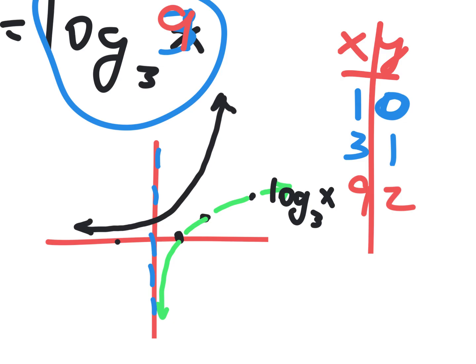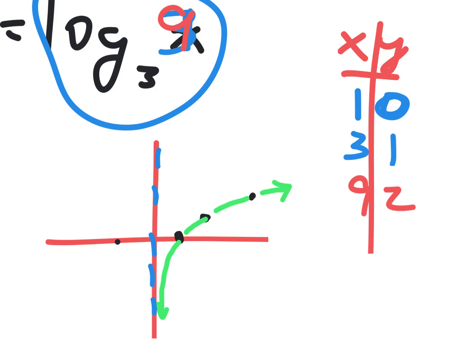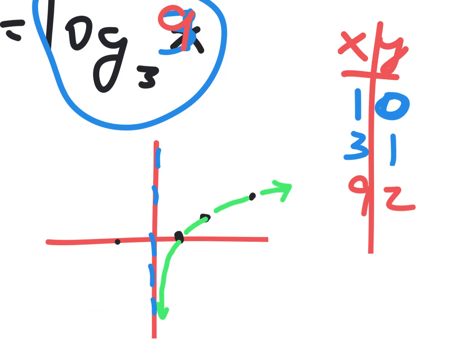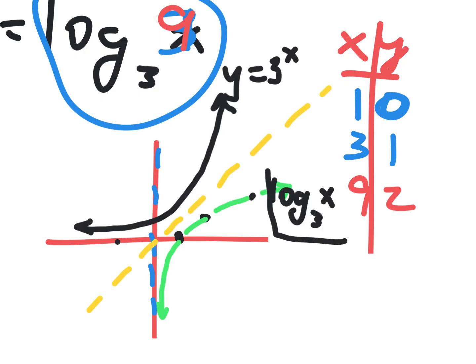For some of you, this will make it snap into place. If you reflect it across that line, they are an exact reflection of each other. This one is the graph y equals 3 to the x, which is an exponential graph. This one is the log graph.